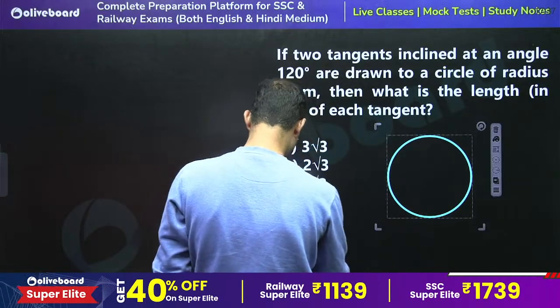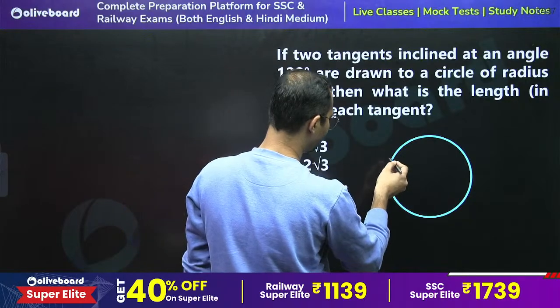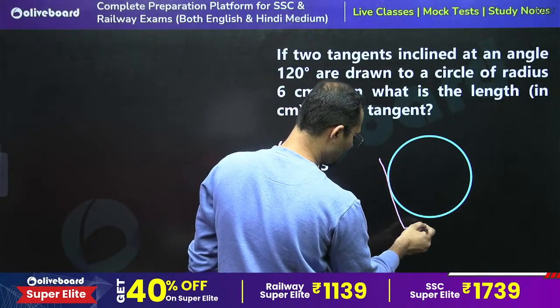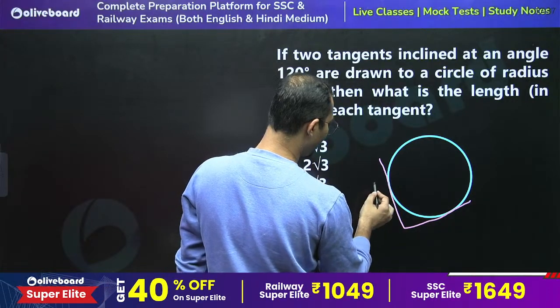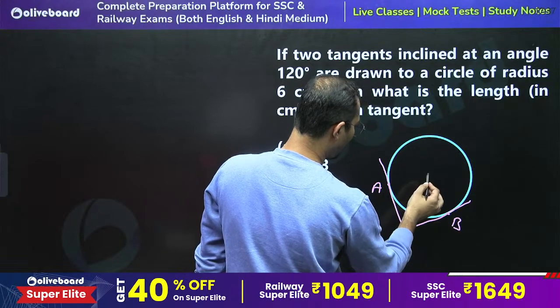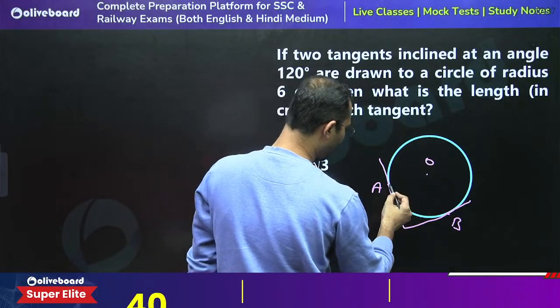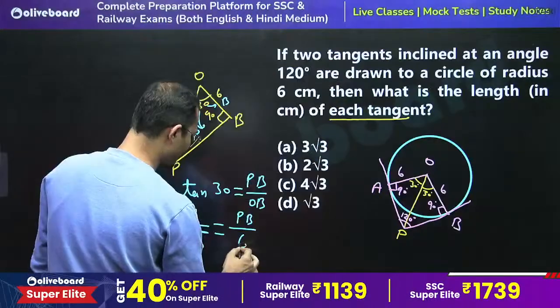If I draw two tangents, these are the two tangents, and I name the point A, the contact point is B, and the center is O. So the radius is 6.